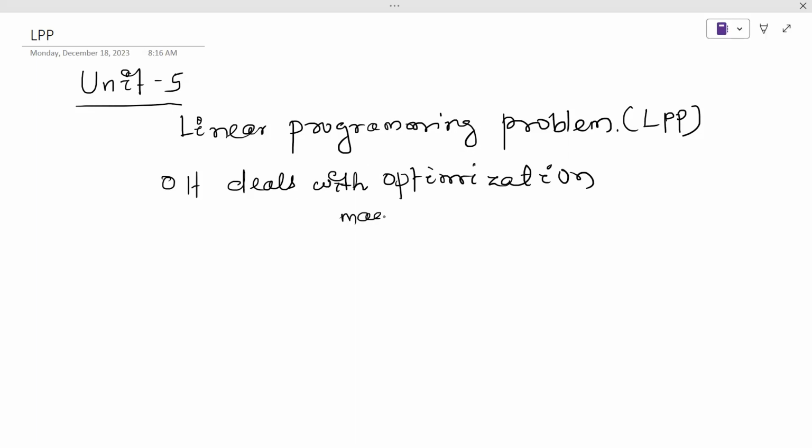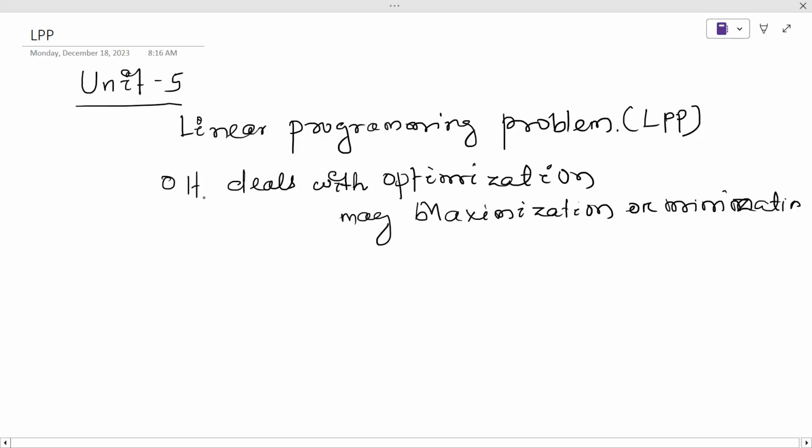That deals with maximization or minimization is called the LPP.